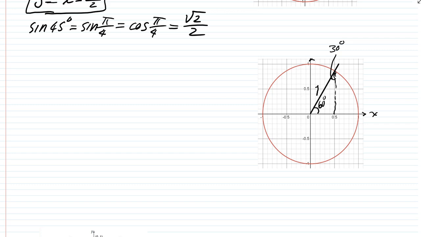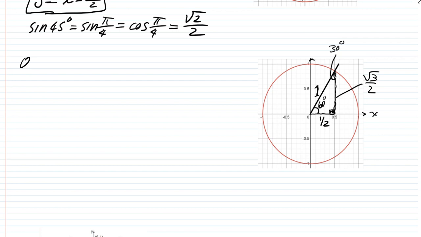And what else? Oh, from geometry again, we have a 30, 60, 90 triangle. The side opposite 30 is half the hypotenuse. So the opposite side measures 1/2, and therefore this side is √3/2. We can derive that side from the Pythagorean theorem.